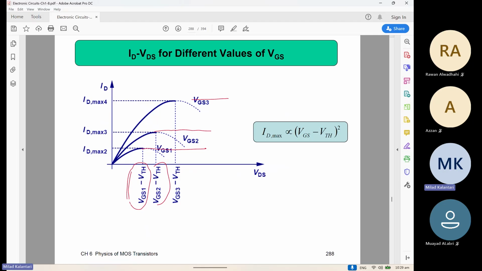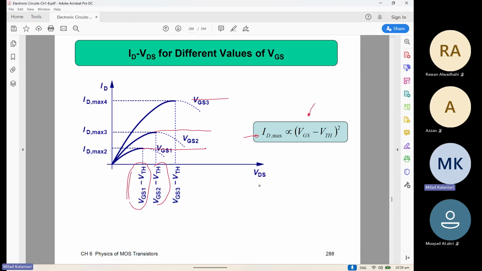So what we are seeing here, basically the ID max, which is the transistor maximum current at these curves, depends on the VGS minus V threshold squared. So basically we call this a square law, the dependence between the ID and the VGS.